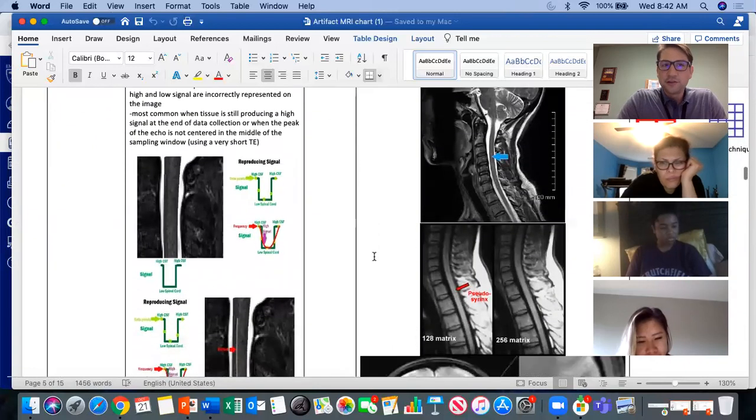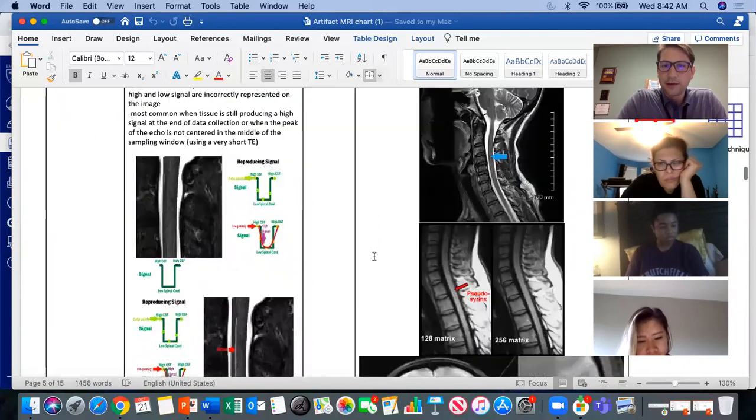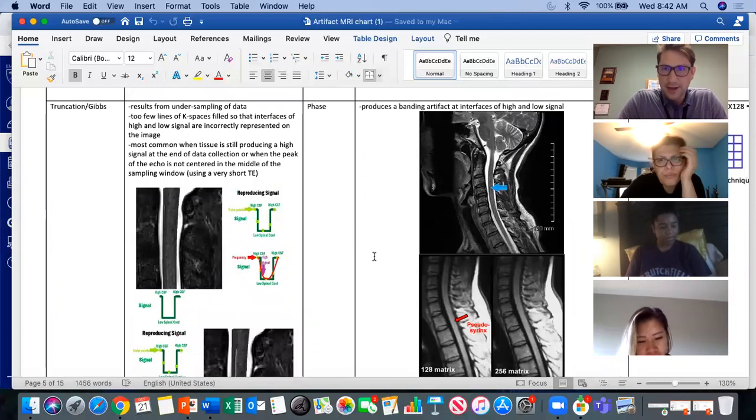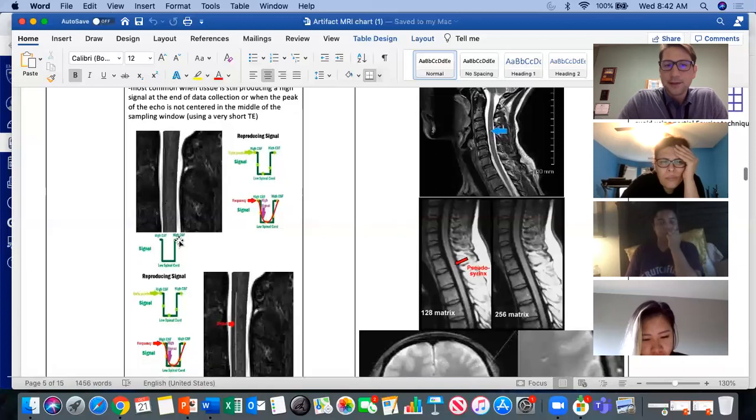Then we moved on to truncation. This is where you have a banding artifact at high and low signal interfaces. So we got the example of the sagittal C-spine where you have really bright CSF fluid, really dark spinal cord, and then really bright CSF fluid again.